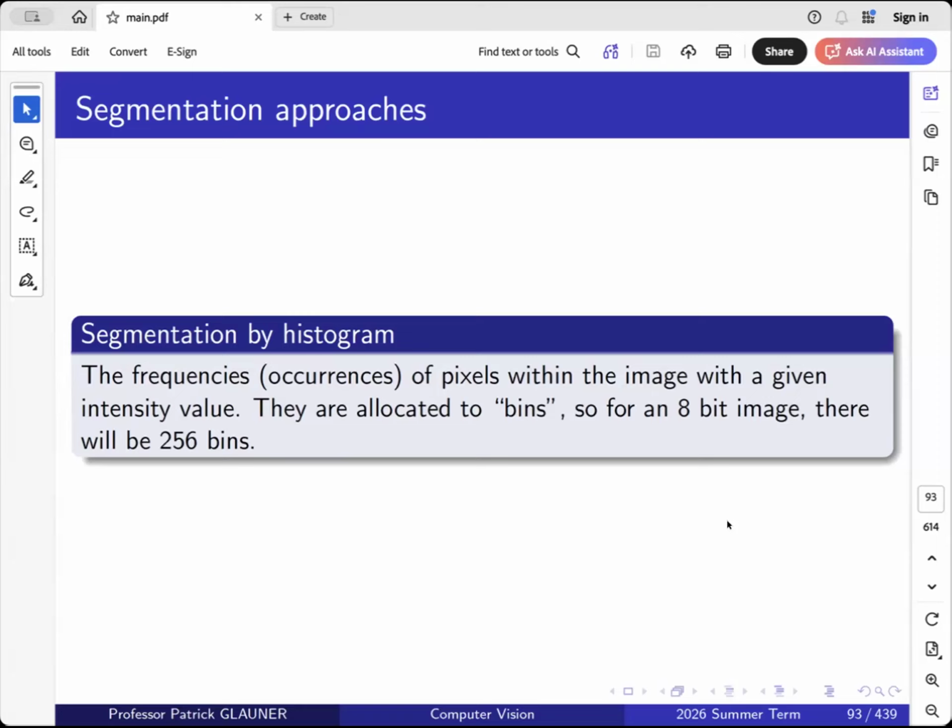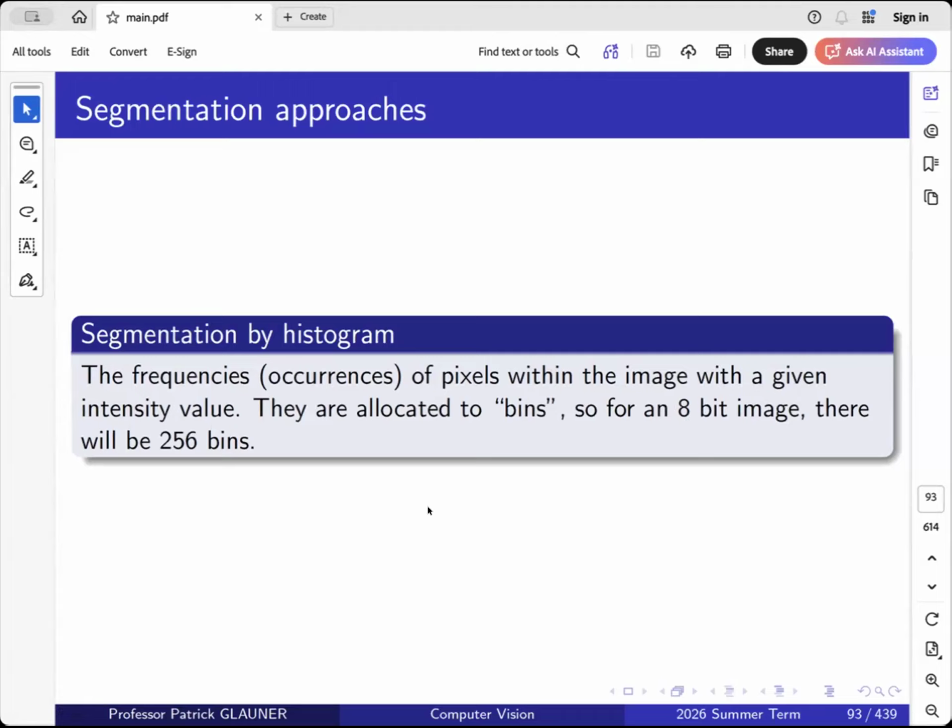So it's 1 byte per pixel. That means 8 bits. And that means we have 256 possible intensities among the pixels, say value 0 to 255. And with a histogram, we would go through every pixel and we would count the intensity of each pixel.